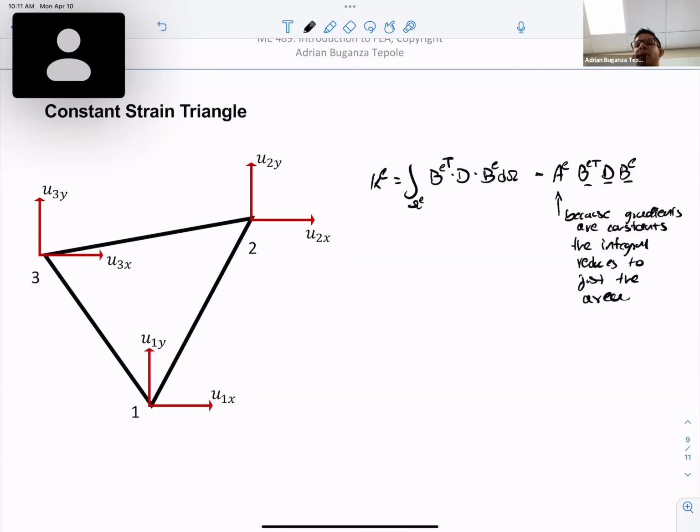And then what does that B matrix look like? I have it in the next slide.